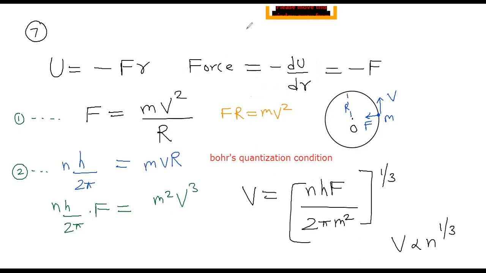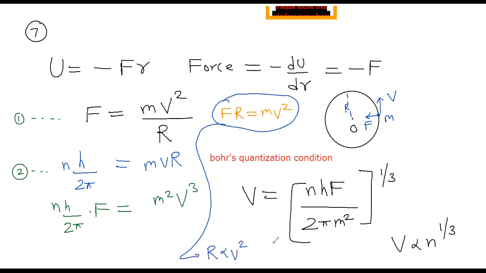Also, you can observe that as R is proportional to V square, we can say that R is proportional to n raised to 2 by 3.